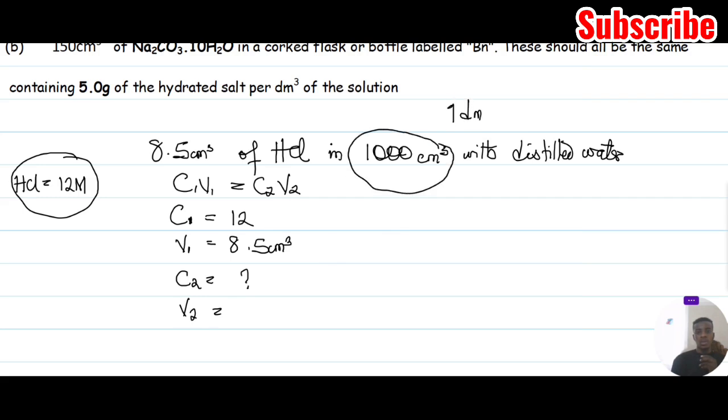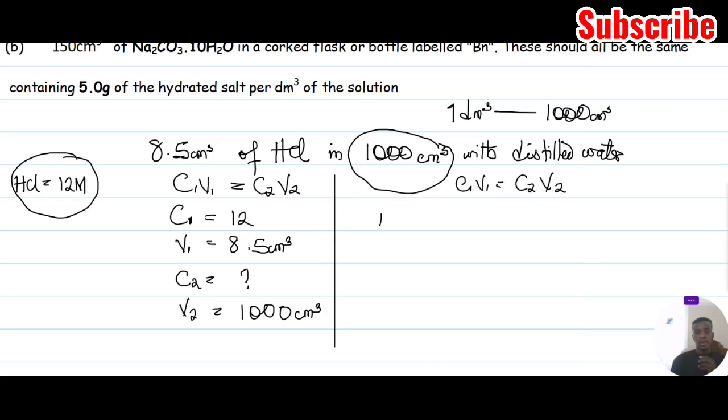Take note, I said 1 dm cube is equivalent to 1000 cm cube. So this is 1000 cm cube. Substituting into the formula C1V1 = C2V2, our C1 is 12 times our V1 is 8.5, equal to C2, which we are looking for, times our V2, which is 1000.